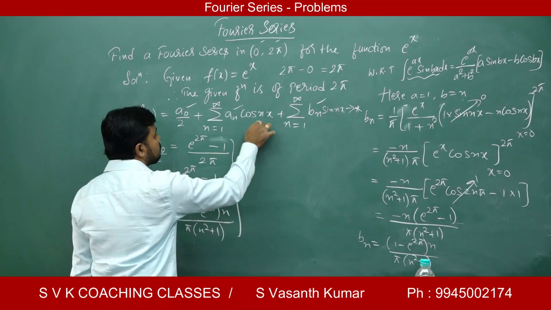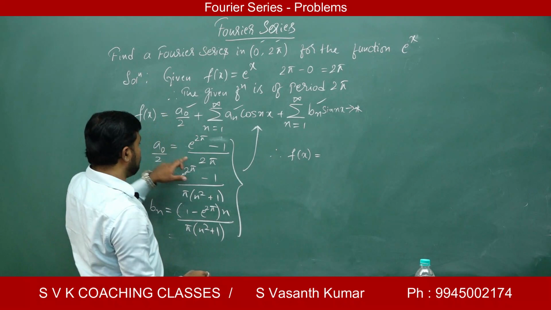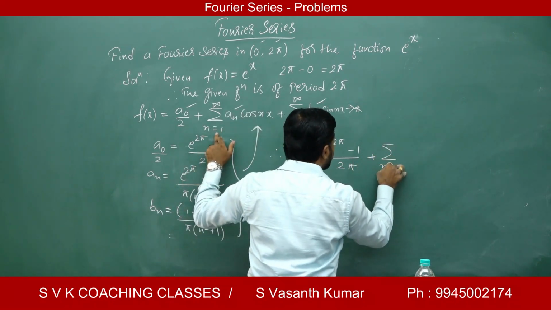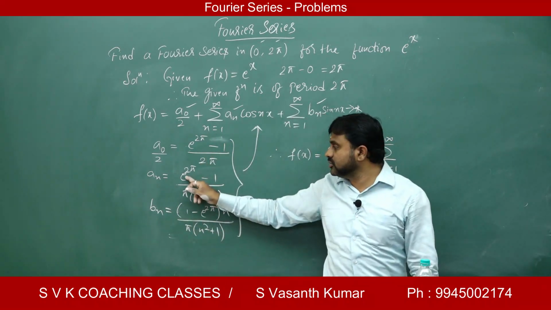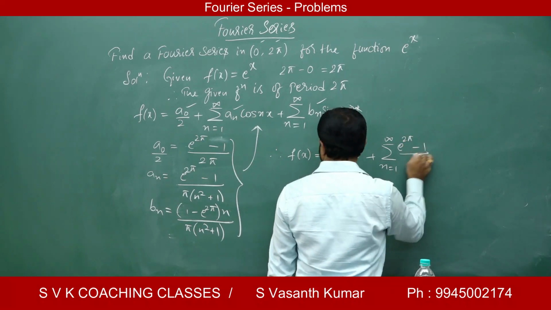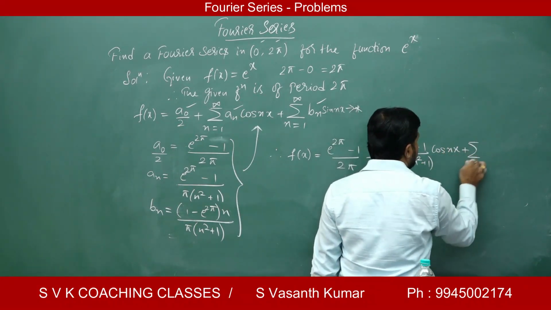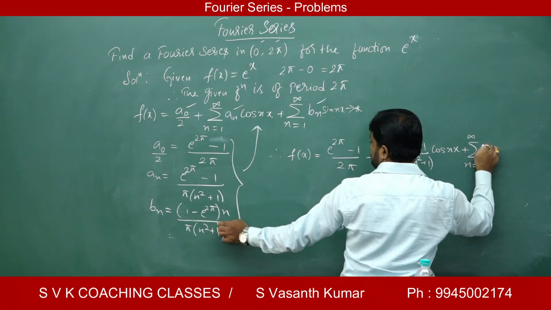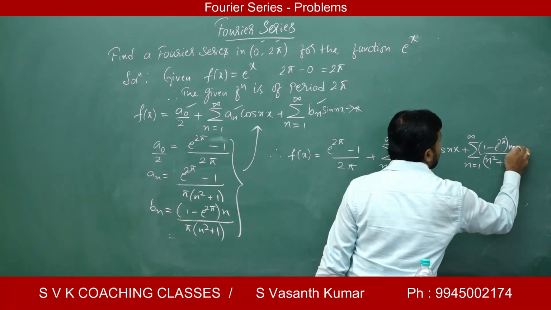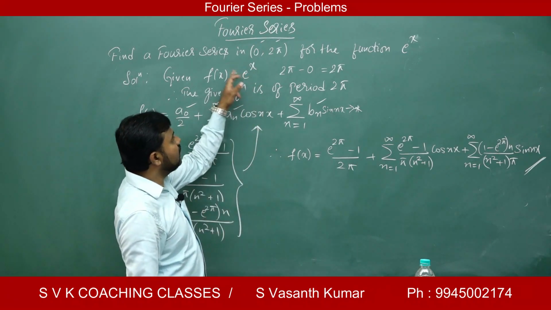Now substituting all these values in equation star, f of x becomes: f of x is equal to a naught by 2, which is e power 2 pi minus 1 divided by 2 pi, plus summation n equal to 1 to infinity. an is e power 2 pi minus 1 divided by pi into n square plus 1, into cos nx, plus summation n equal to 1 to infinity, bn is 1 minus e power 2 pi n divided by pi into n square plus 1, into sin nx. This is the required Fourier series for the given function e power x.